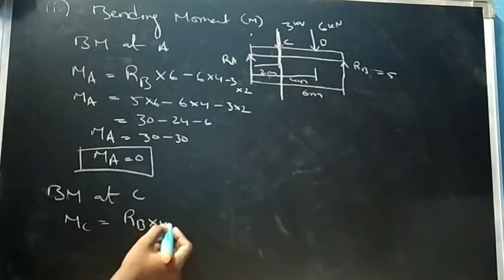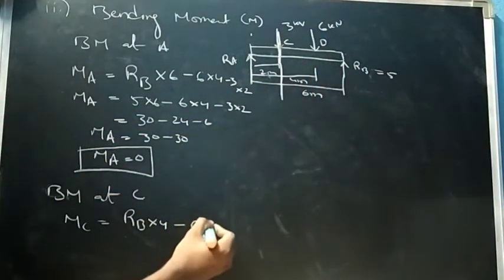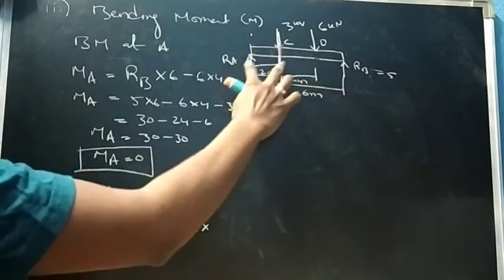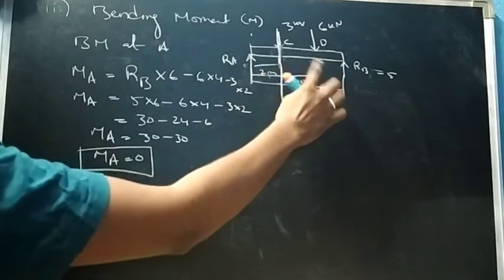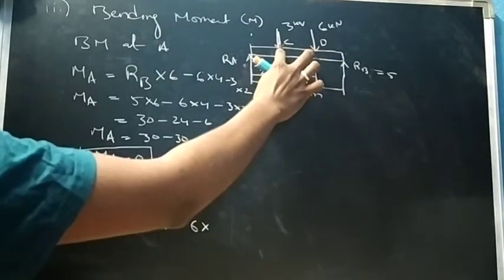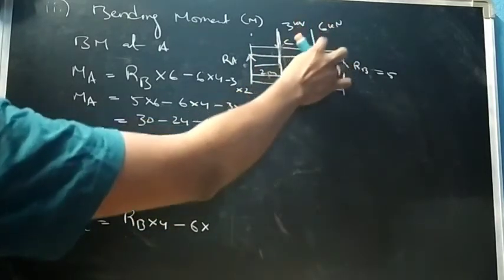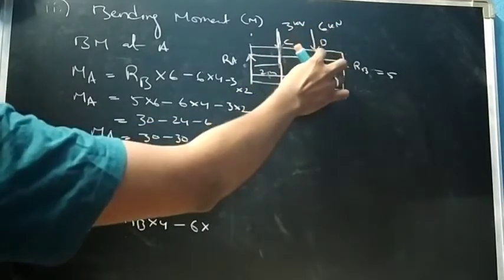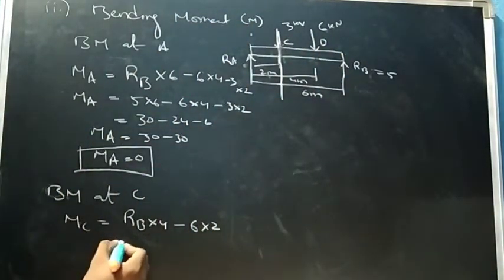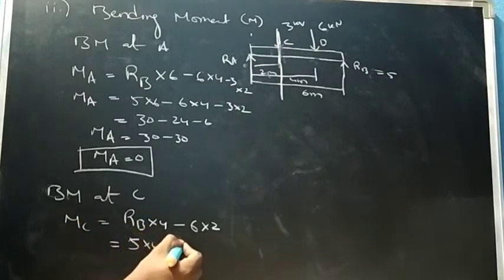So RB into 4 minus 6 into the distance of this is 2 meters. 2 plus 2 plus 2, it's 6. That means at C, the distance of 6 kilonewton, that is D point, will be 6 into 2 meters. So from this we know RB equals 5 into 4 minus 12.